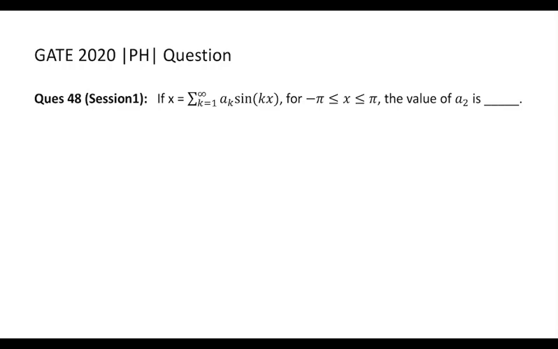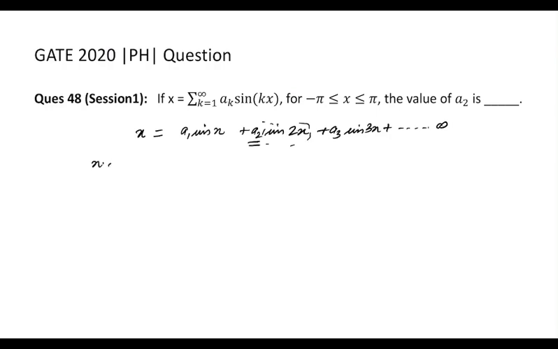So in order to solve the question, first you will just expand the right hand side. You will run over the summation. So you will get x is equal to a1 sine of x plus a2 sine of 2x plus a3 sine of 3x up to infinity. Now since you have to find this coefficient a2, you will multiply both sides with sine of 2x.